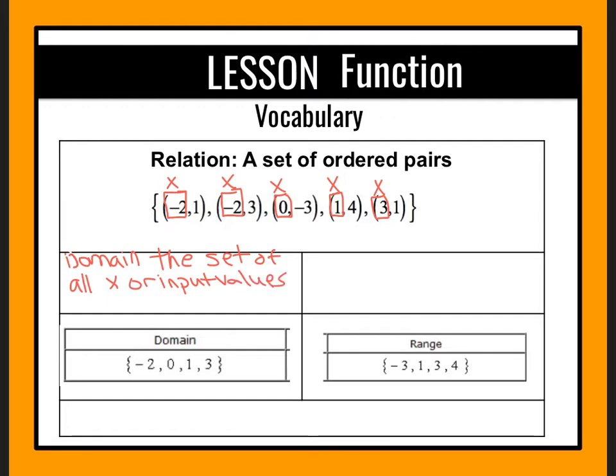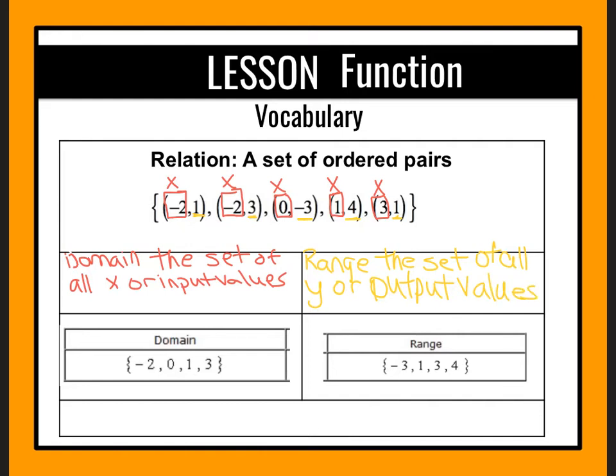Now go and highlight your y values in yellow: 1, 3, -3, 4, and 1. Your range is going to be the set of all your y or your output values.